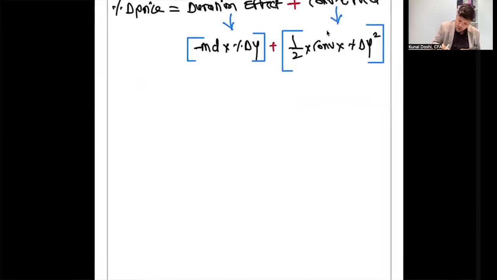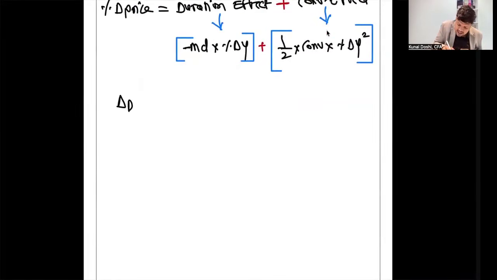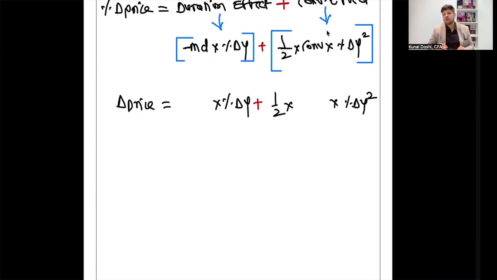But guys, now if I want to find the dollar change in the price of the bond, then I will do what? I will perhaps do everything same, just a small change I will do. Can someone tell me what is that change I will do? Yes, if I want to find the dollar change, we do what?